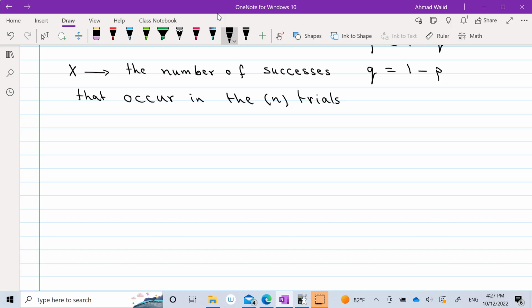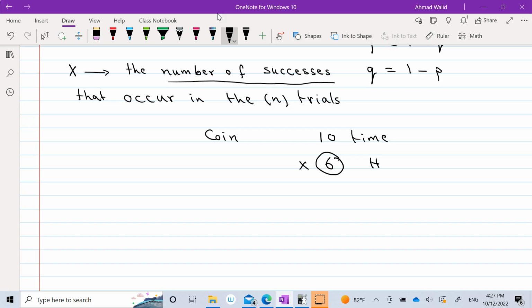Correct? The number of successes. How to explain this? For example, you flip a coin 10 times and your goal is to get 6 heads. This 6 is actually your x. It's the number. Remember, it's the number. It's not the probability. It's the number of successes, not the probability of successes.